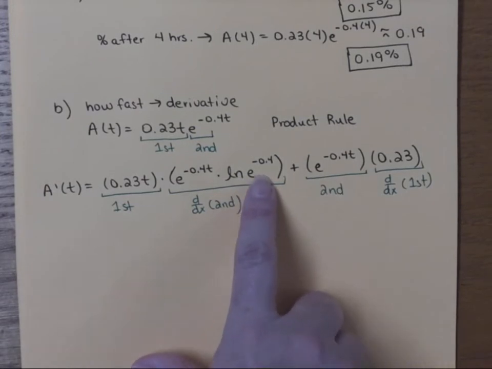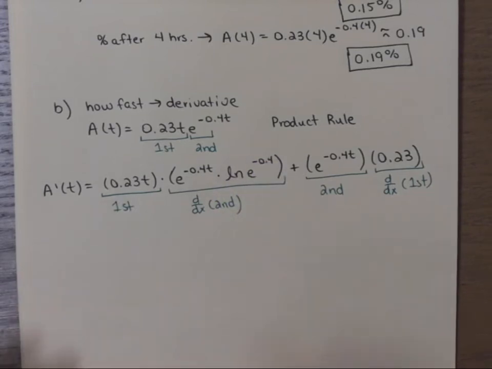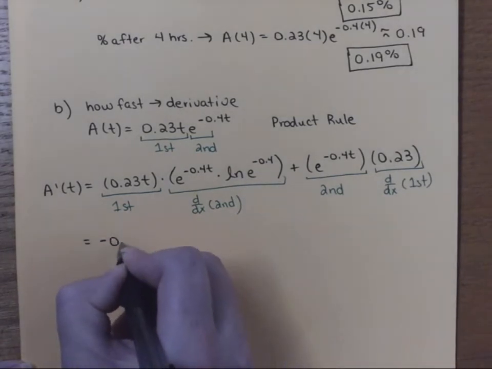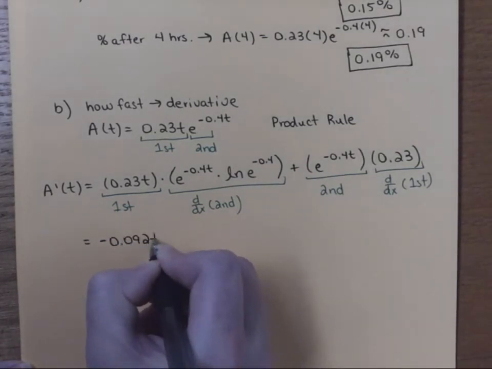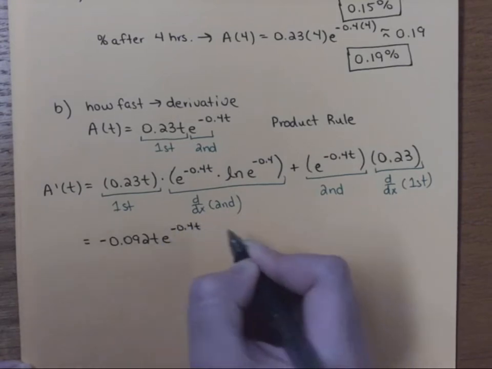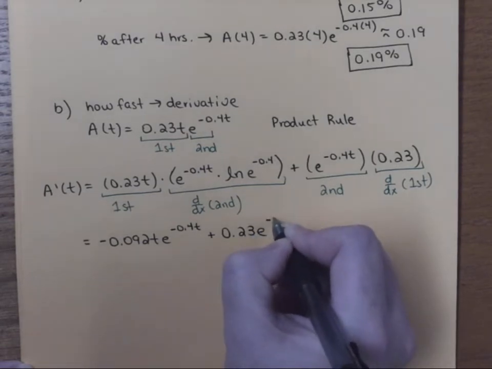They're inverses. They cancel each other out. So you're just left with negative 0.4. So if you do this piece times the 0.23, you're just going to get negative 0.092. So you can verify that now if you want. But that is what you get on the calculator. And then here you're just going to get 0.23 and then the e term.